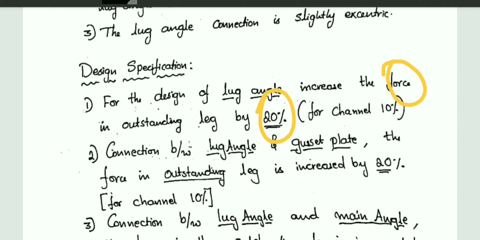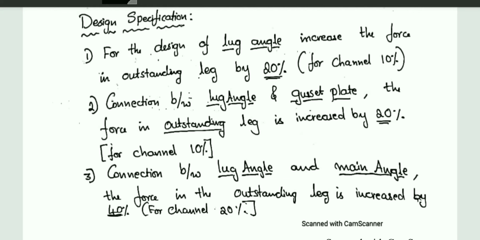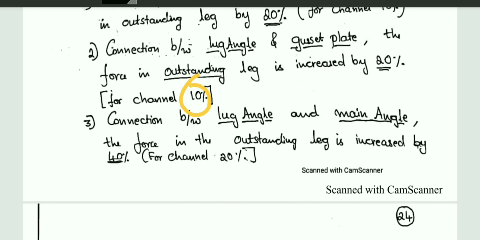For that, the force of the outstanding leg is increased by 25% for an angle, and by 10% for a channel. Next, for the connection between the lug angle and gusset plate, you need to increase the outstanding force by 20% and use that for the connection. For a channel section, again it will be 10%.